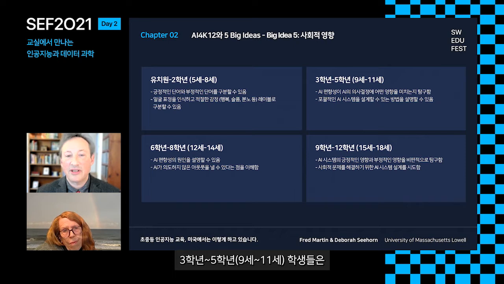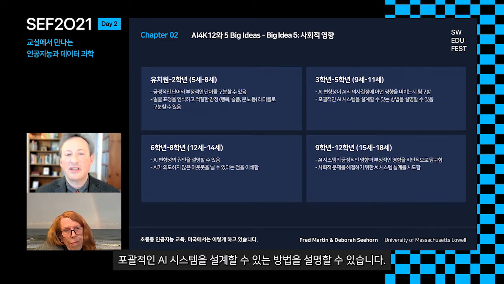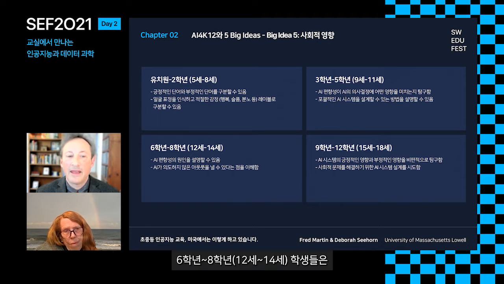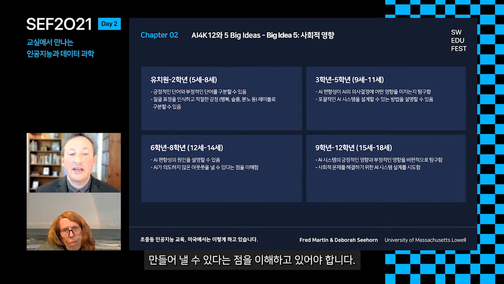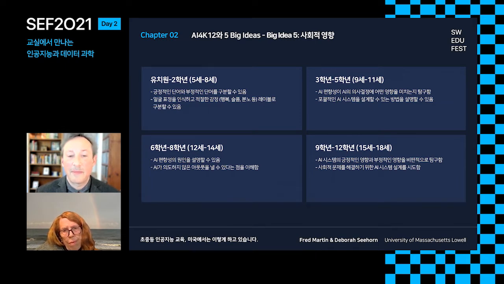At grades 3 through 5, students can describe the way that AI systems can be designed for inclusivity. At grades 6 through 8, students can, and this is really building on the prior grade band, understand trade-offs in the design of AI systems and how decisions can have unintended consequences in the function of the system.